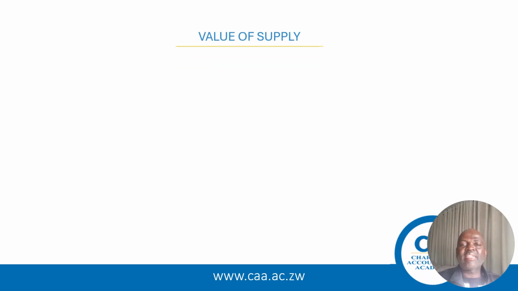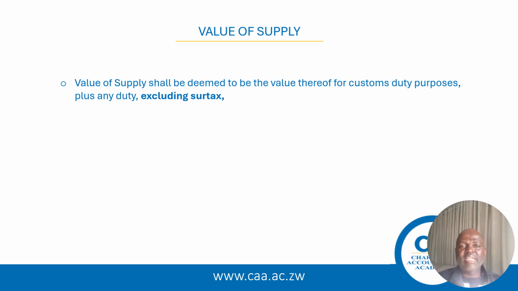So let us look at value of supply. In terms of value of supply, the value of supply shall be deemed. And why are we saying deemed? Because remember, the actual purchase price that was supplied by Pick and Pay Pretoria is an X amount.